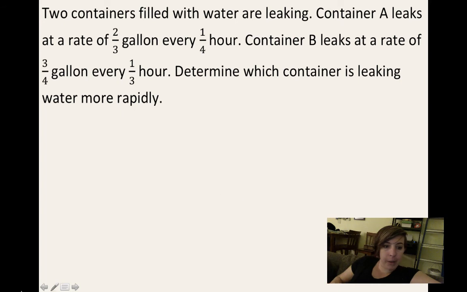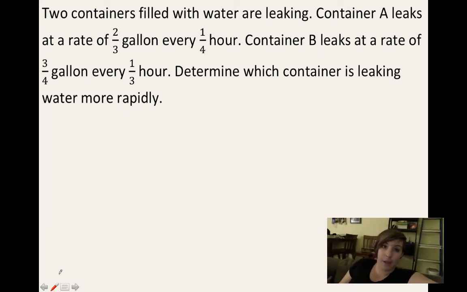Alright, so now we are comparing the unit rate of two different things. So we have two containers filled with water, but they're leaking. It helps me to draw pictures. We're going to say that this is container A, and we'll do container A first.